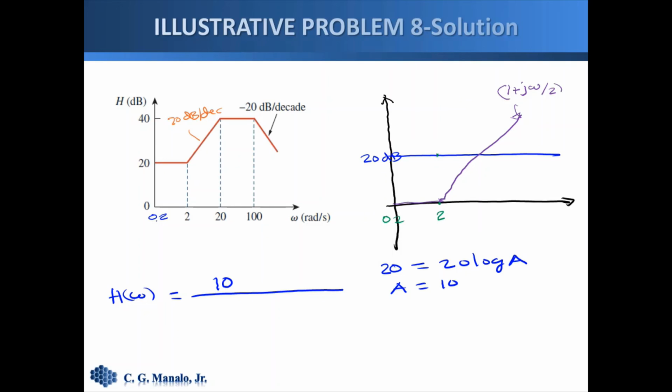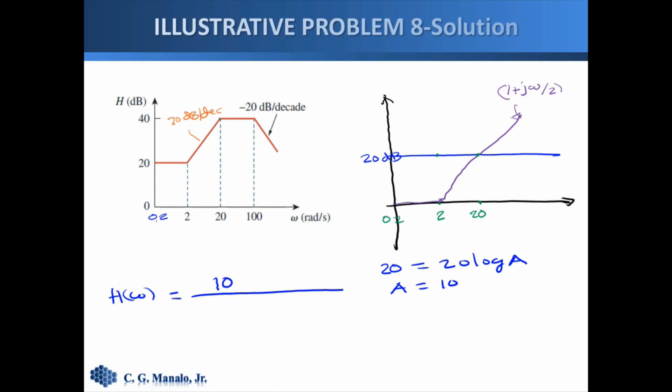Then upon reaching 20 radians per second, the slope of 20 dB per decade stops, the plot stops rising, and it becomes a flat line.